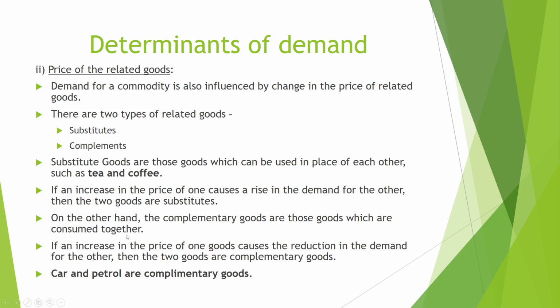Below I am giving an example. Car and petrol are complementary goods. If you purchase a car, then there will be demand for petrol as well. So if an increase in the price of one good causes a reduction in the demand for the other, then the two goods are complementary goods.